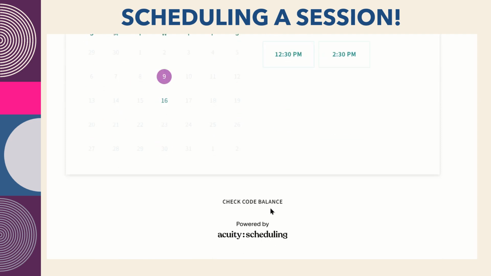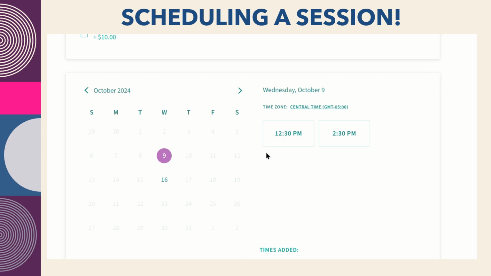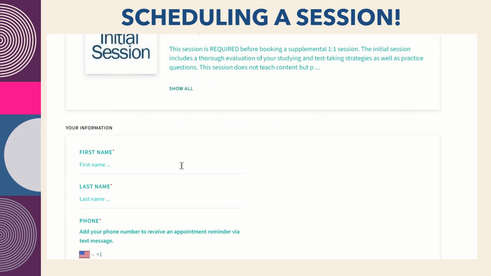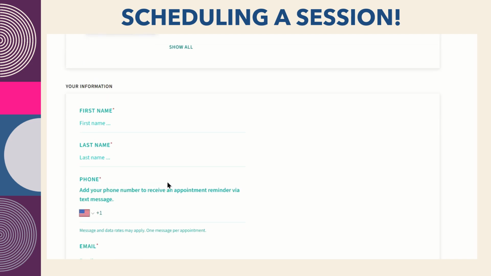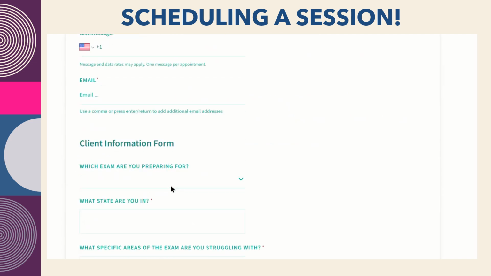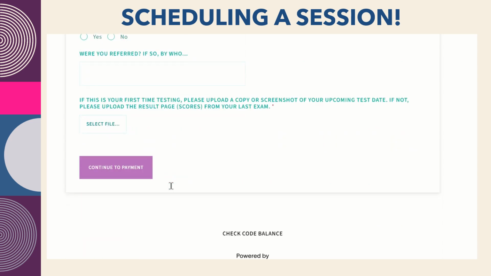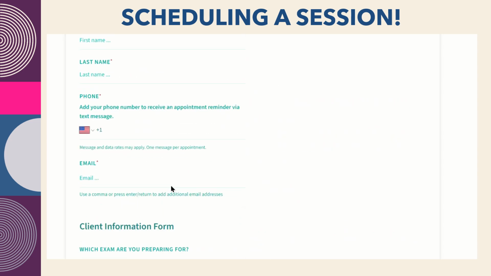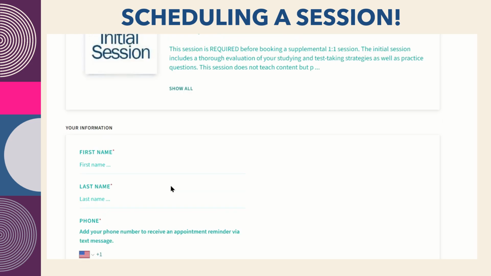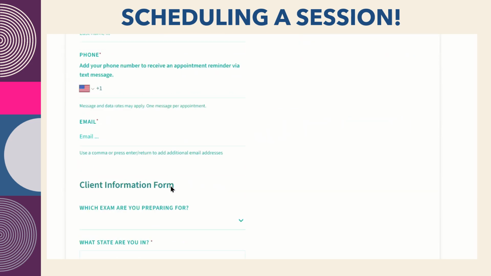Okay, so the last thing I'm going to show is when you're booking your session. Let's just say we're going to book this 12:30 session here. You're going to fill out your information. Now, when you're filling out your information, something that is very important for you to do, it's going to ask you all of these questions, but there is an option for you to select your time zone.